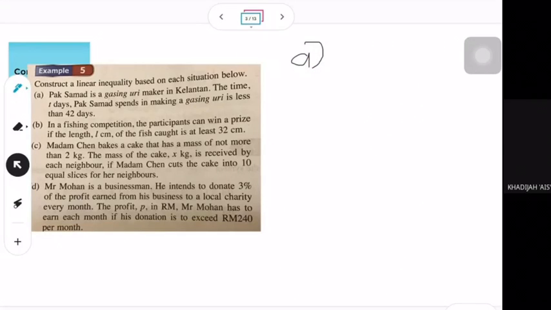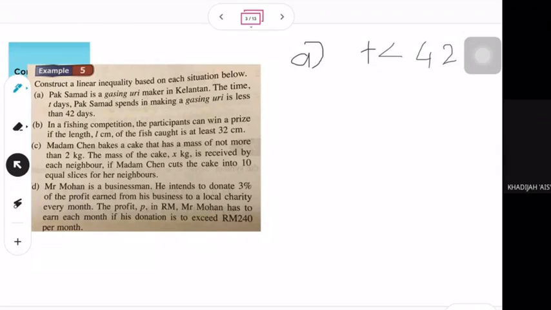T is less than 42. The T means the day. So, does Pak Samad take more than 42 days or less than 42 days? T is less. He takes less than 42 days.